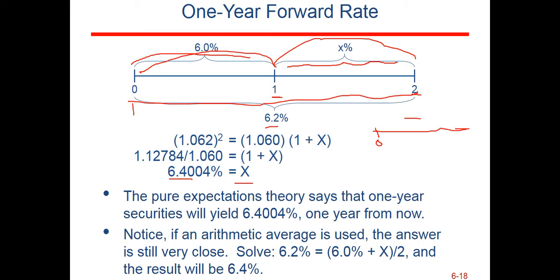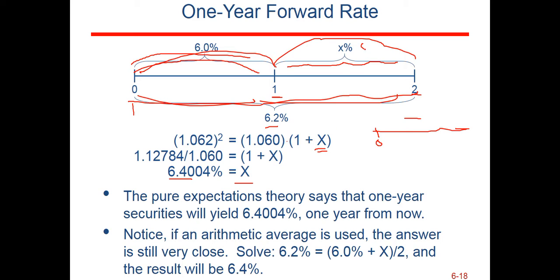The idea behind that is to calculate what the 1 year interest rate is going to be a year from now. Going back to this particular example, if the 2-year bond is earning 6.2%, so you are going to earn 6.2 and 6.2, so you are getting 1.062 squared, which is going to be equal to what you are earning in the first year, 1.06 on a $1, multiplied by 1 plus the interest rate, and you are solving for that particular interest rate.